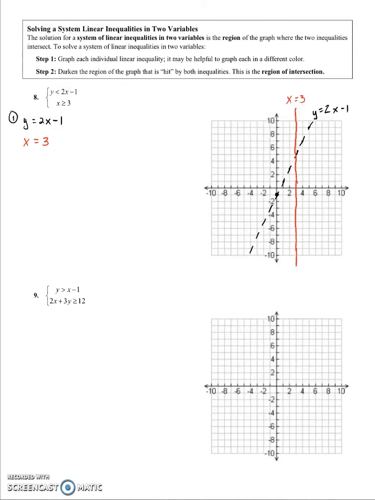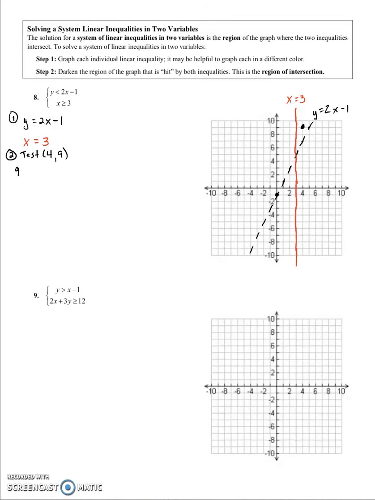So let's pick a point in each one to test. So let's start by testing the point 4, 9. That's right here. So let's start with the first one.